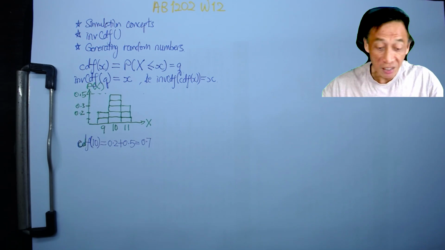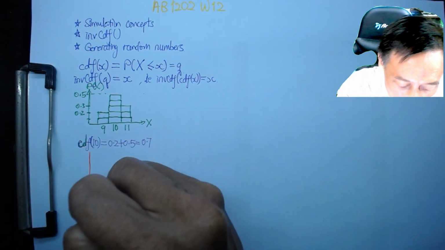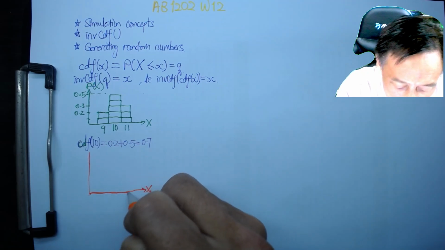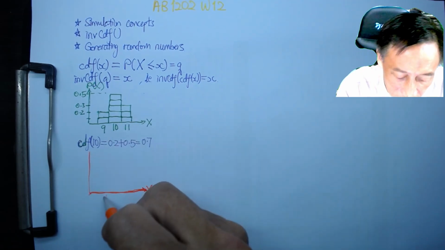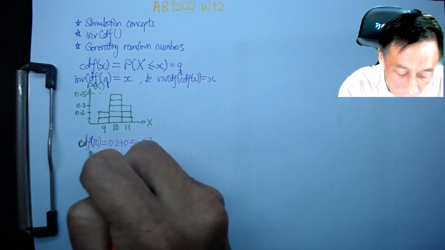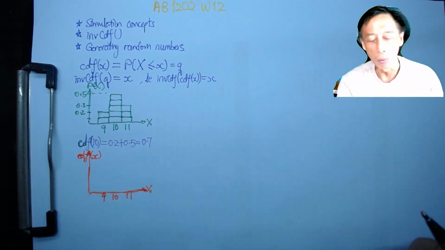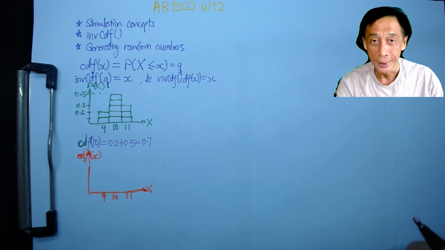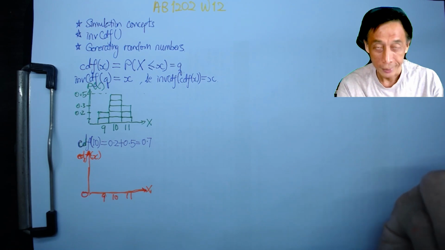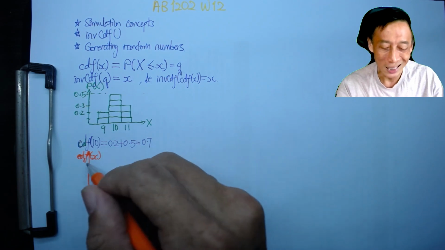Well, let's derive a CDF chart. A CDF chart is going to be sharing the same x-axis aligned. So in other words, the 9 is the 9, the 10 is the 10, the 11 is the 11. But the vertical axis will be a CDF, cumulative distribution function. So it will range from 0 to a maximum of 1. So it starts from 0 and it should reach 1 at the most. So let's begin by asking, what's the CDF of 9?